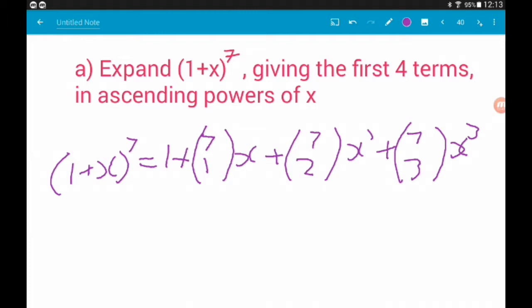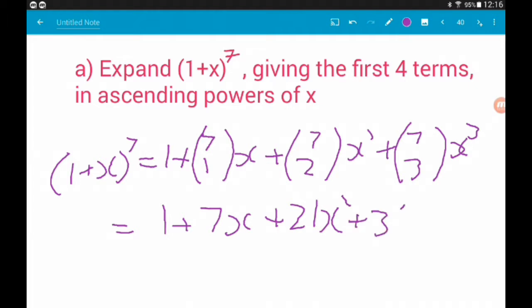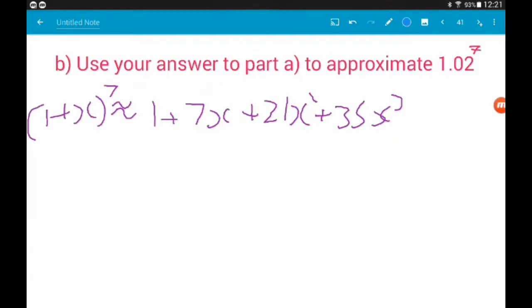So if we now get those coefficients normally, we would have 1 plus 7x plus 21x squared plus 35x cubed. So there's our expansion over the first 4 terms in ascending powers of x.